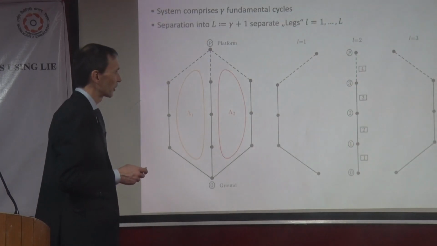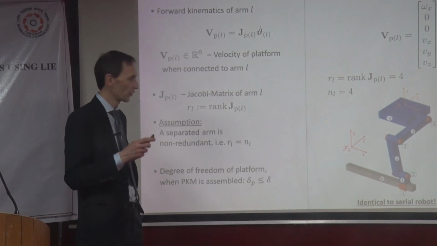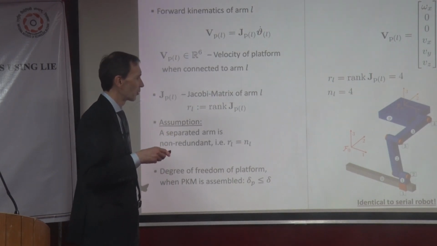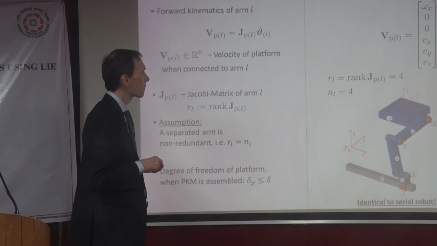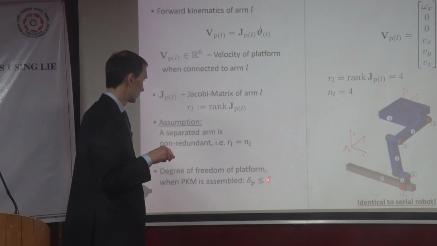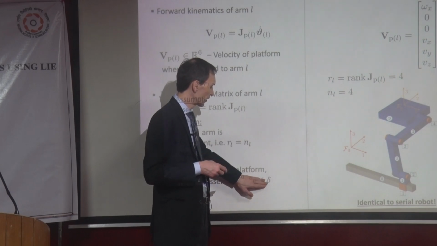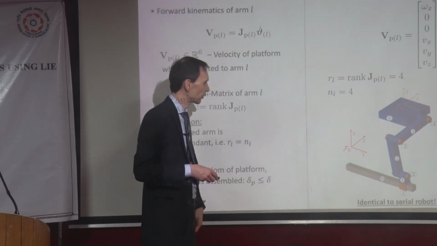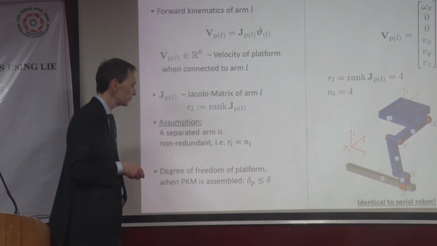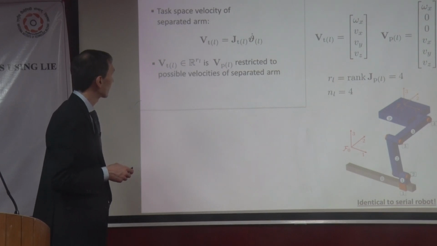But that's important because we have to take this into account, because eventually our robot, our PKM, will have a degree of freedom that we call delta P. Delta P is the degree of freedom of the platform, which is maybe less than the degree of freedom of this kinematic chain.